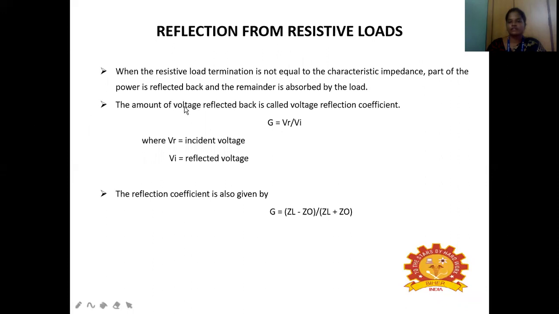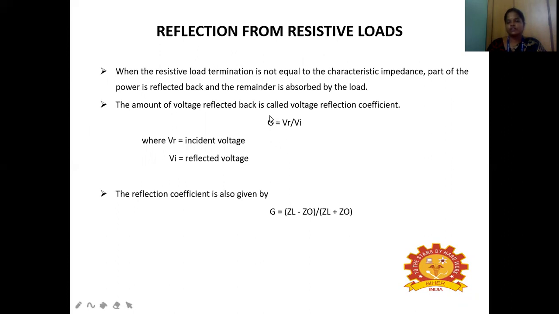Now we will discuss reflection from resistive loads. When a resistive load termination is not equal to the characteristic impedance, reflection occurs. Part of the power will be reflected back and the remaining power will be absorbed by the load. The amount of voltage reflected back is called the voltage reflection coefficient, defined as Γ = VR/VI, where VR is the reflected voltage and VI is the incident voltage.